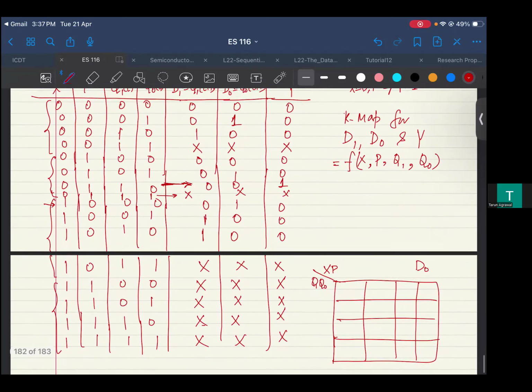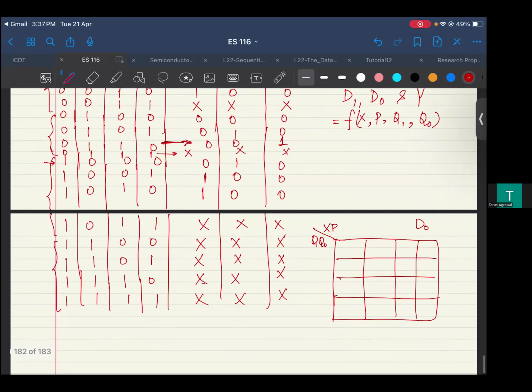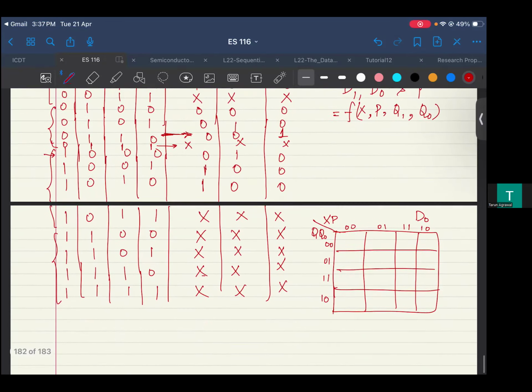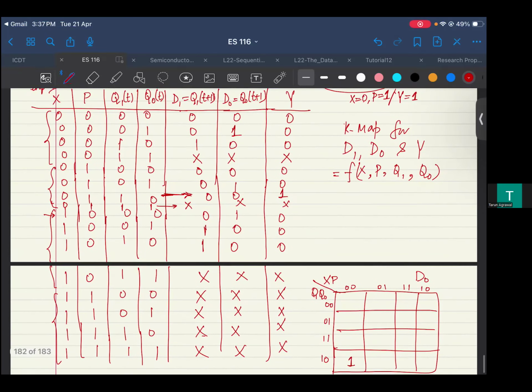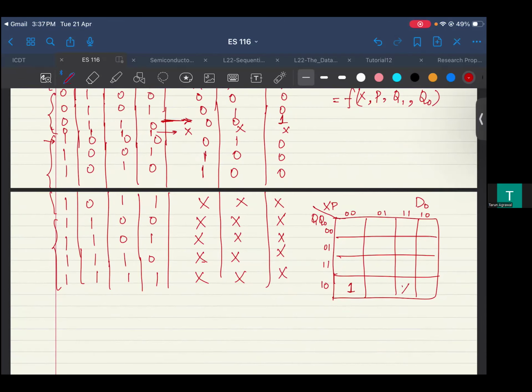0 0 1 0 0 0, right? 1 0. So let's say 0 0 0 1 1 1 1 0 0 0 0 1 1 1 1 0. First is 0 0 1 0 0 0 1 0. Okay. Next is 0 0 1 1 0 0 1 1.